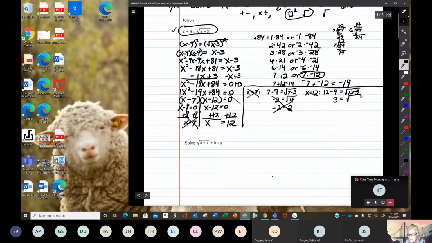And the square root of 12 minus 3 is the square root of 9, which is 3. So this one works. 3 equals 3. That's true. And now I know that my only answer to this problem is x equals 12, my only solution.